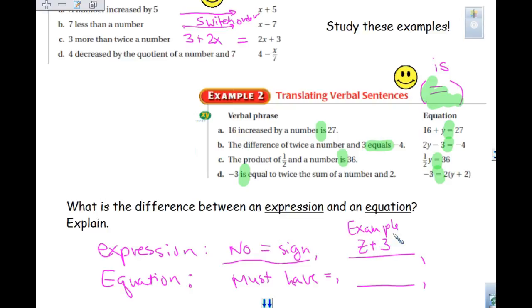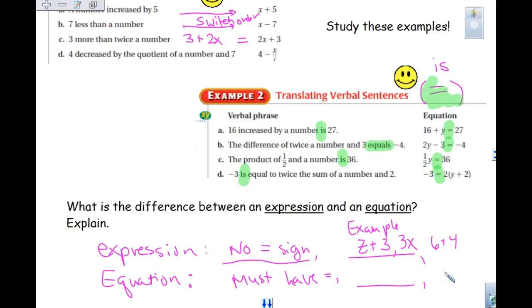Got another one for me, Gabby? 3x, like 3 times x. Can an expression just be numbers? Yeah. Like 6 plus 4. Those are all expressions, right? They have no equal sign. You're just doing that, right?